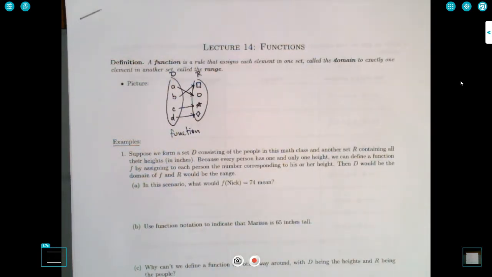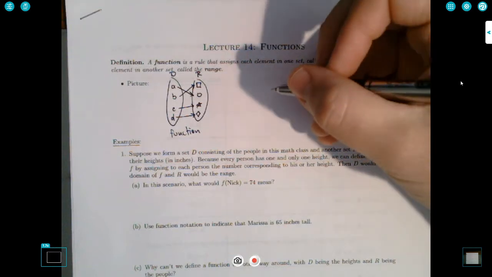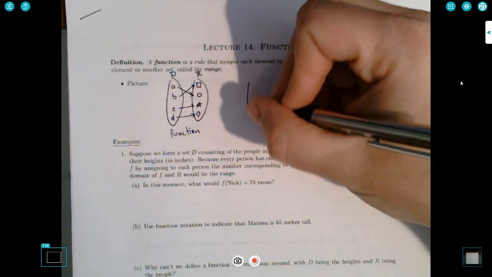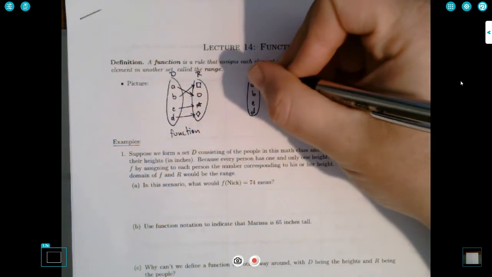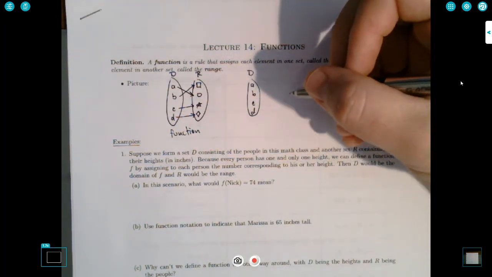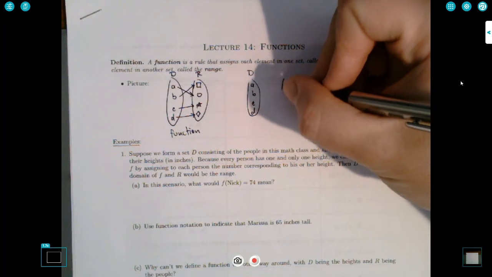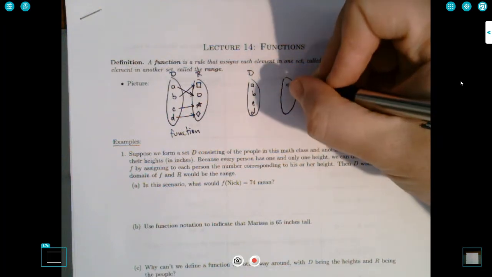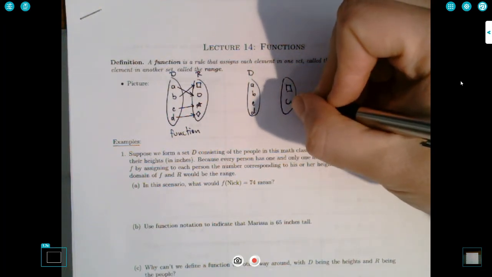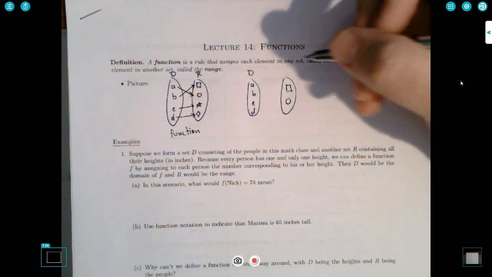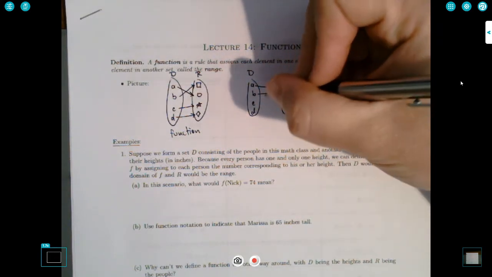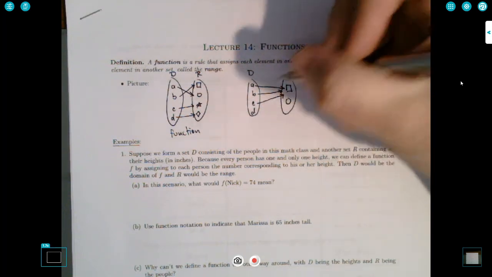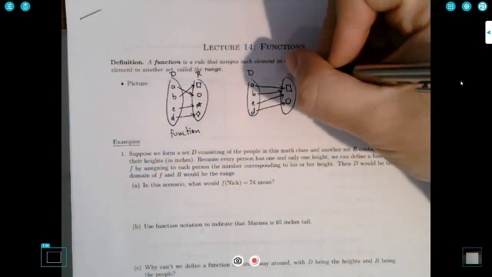Okay, here's another function. So let's say, again, that your domain is made up of the letters A, B, C, and D, right? So that's your domain. And let's say your range this time is only made up of the shapes square and circle, right? And you map A to square, and B to square, and C to square, and D to circle.